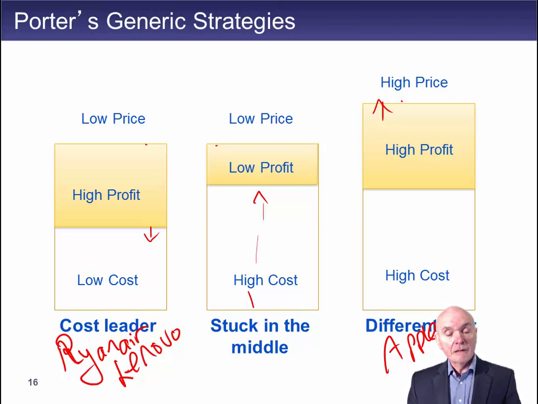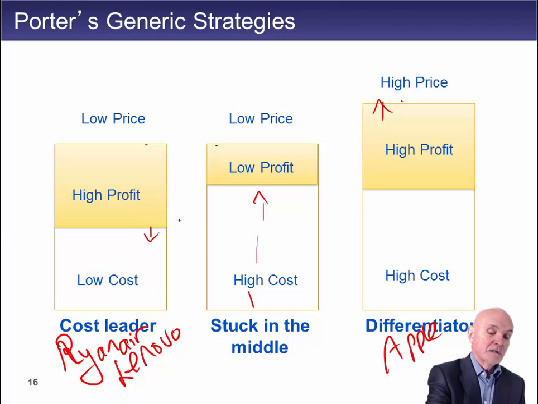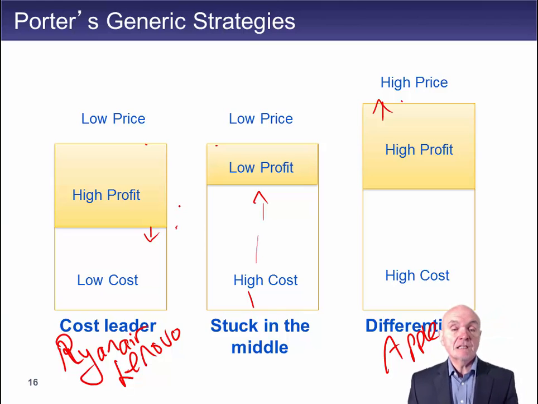If you are stuck in the middle, you have to be realistic. Where could we move to? And if you are a small family company, really the chances of you becoming a cost leader are terribly small. If you're going to get your costs down, that nearly always goes hand in hand with becoming a very, very big manufacturer operating on a global kind of scale.